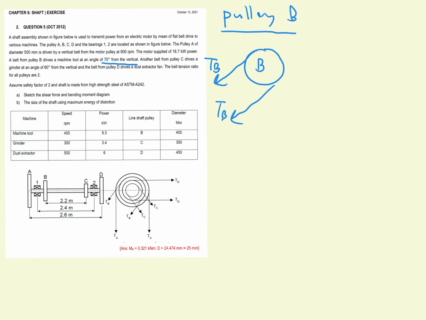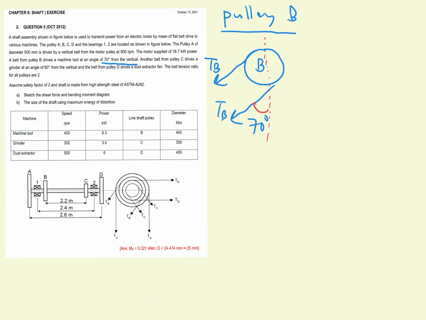So let's say this is the vertical line. The angle of this tension for pulley B to the vertical is 70 degree. That is the understanding here.